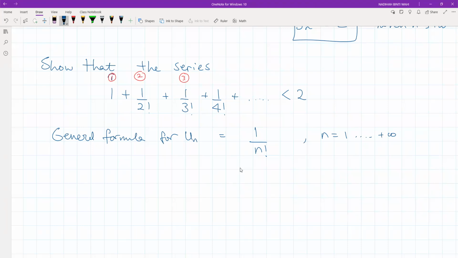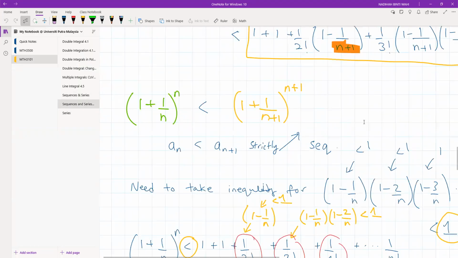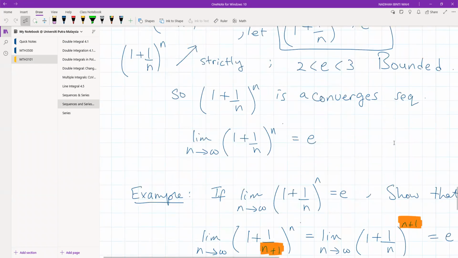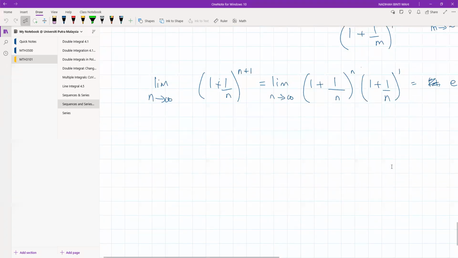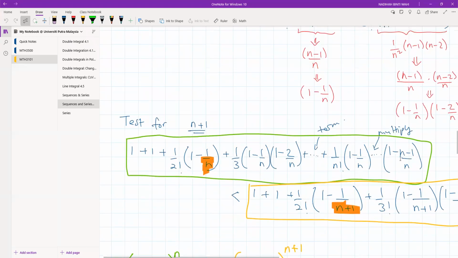did you recognize this series? Okay, kalau awak ingat, kita buat tentang exponential hari tu. Let's go back. Mana exponential? Saya nak cari exponential. Okay, kat sini.